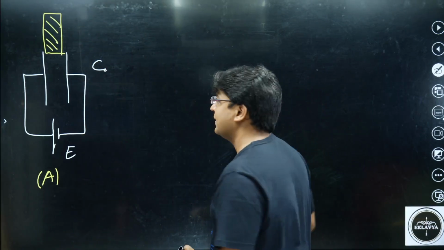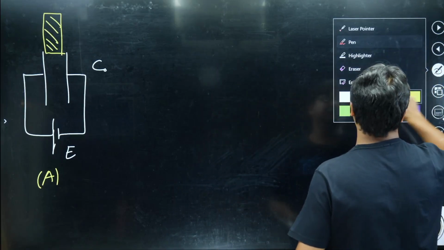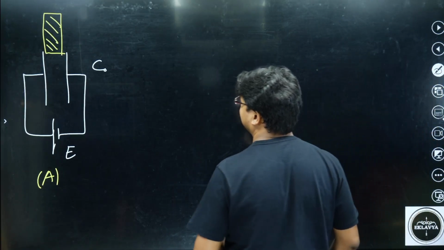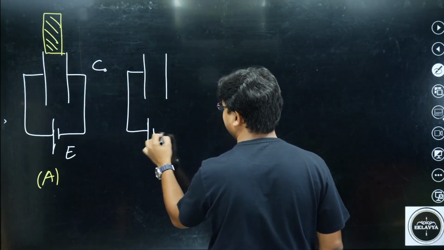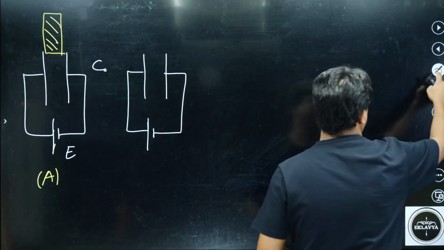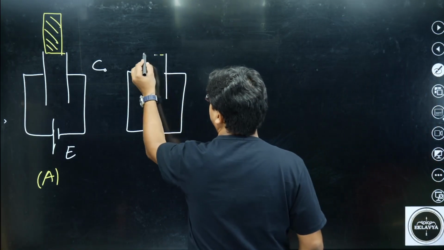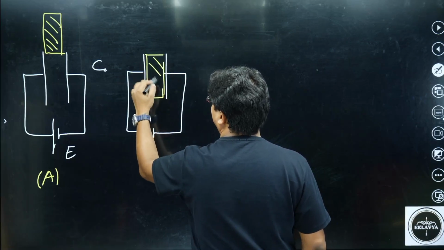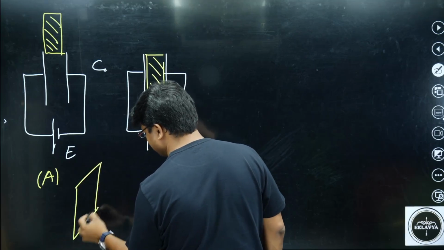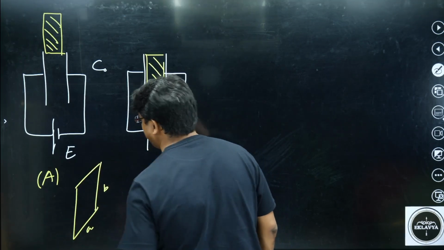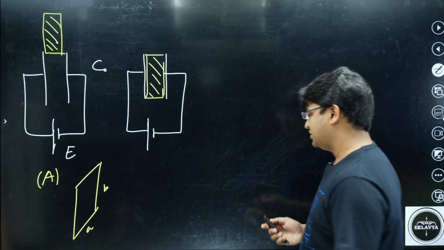But because the capacitor plate can attract the dielectric, it will start getting inside the capacitor, and there will come a time when the dielectric slab would be like this. And remember the plate dimensions that we are considering. The plate dimensions are, this is A and this is B. So this is situation B.